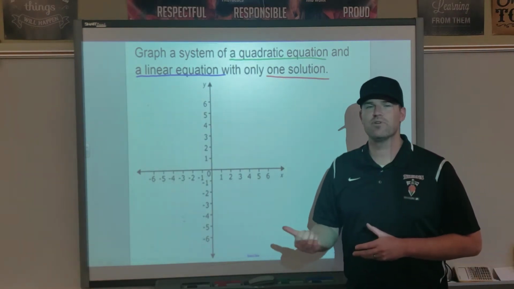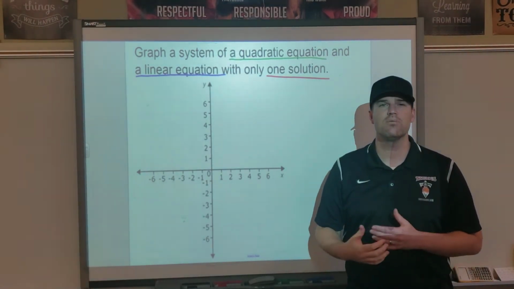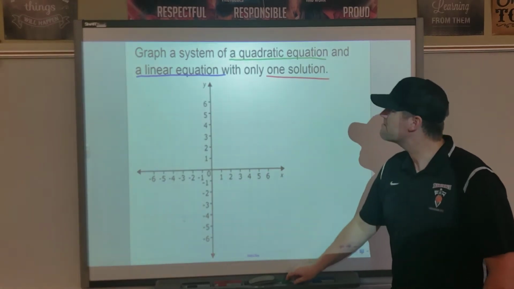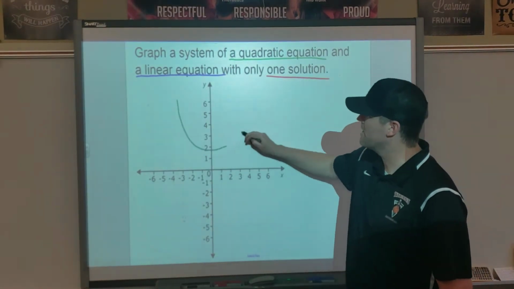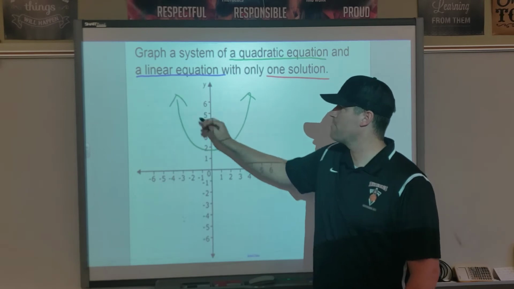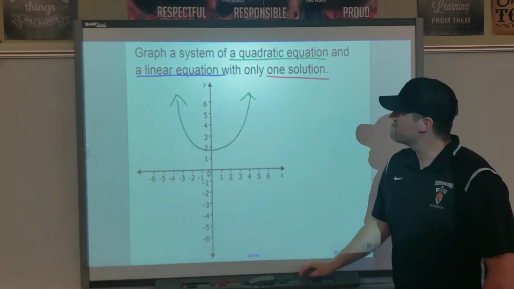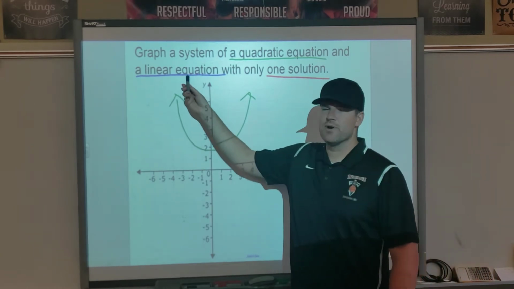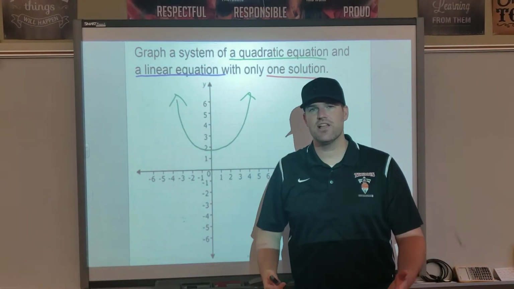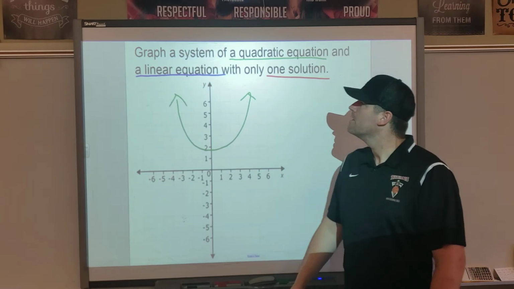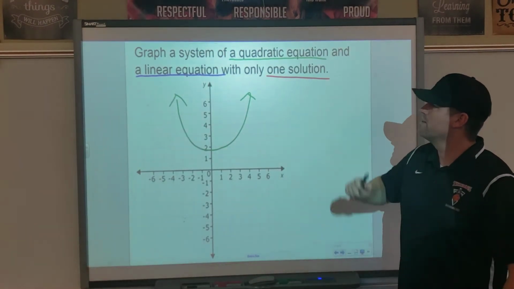So on our graph, what should we see one of? Well, we should see one parabola. So maybe it's right here. For the sake of this problem, it doesn't matter where it is, we just have a quadratic. We also know that we have a linear equation. Okay, what does a linear equation look like? It is a line.